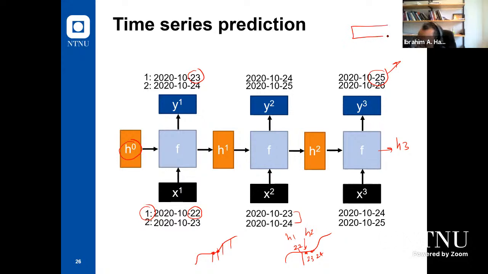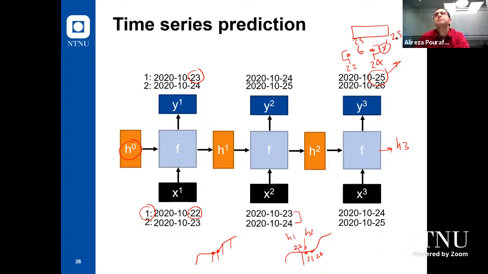The window has 3 values, so the input will be a vector of 3 values, and I'm using those 3 values for predicting this one. So I'm using 22nd, 23rd, 24th for predicting the output at 25th. Yeah, I agree. Thank you.